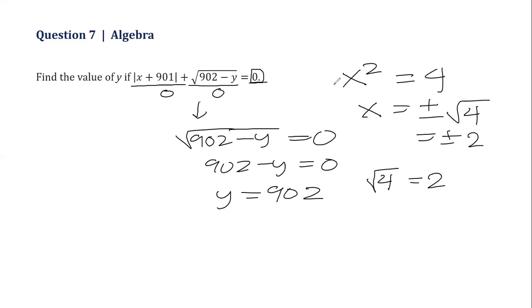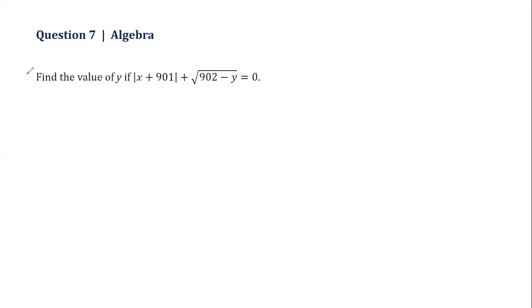In this case, since we're the ones putting the square root, we should consider both positive and negative solutions. But in this problem, the square root is already given, so we only need to consider the positive answer. Does that answer your question? Yep. Okay. So no more questions? None? I think we can proceed.